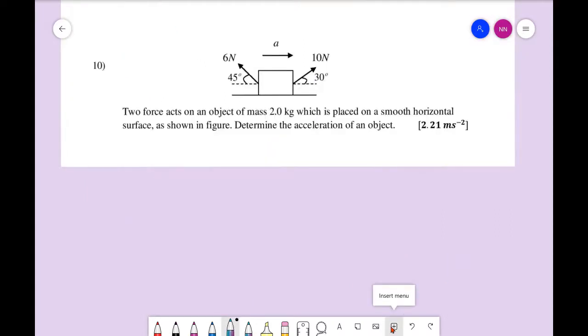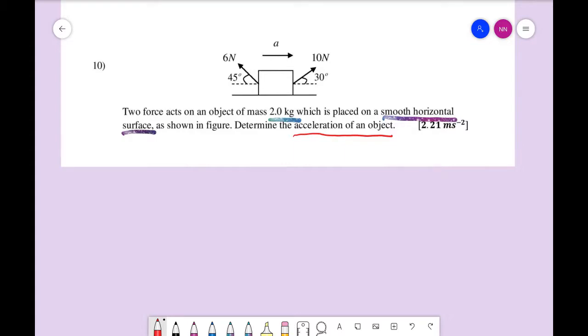Number 10. Two forces act on an object of mass 2 kg, which is placed on a smooth horizontal surface. That means there is no friction, as shown in the figure. So we have 10 Newton and 6 Newton forces acting on this object, and we have to calculate the acceleration of this object.